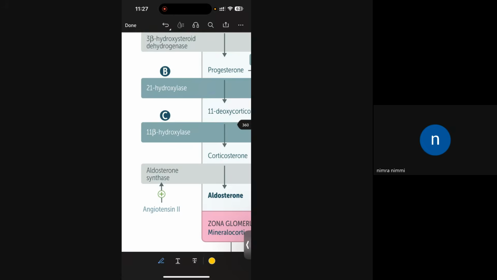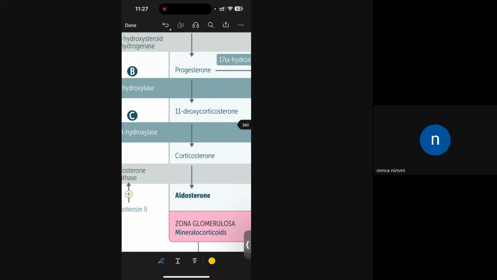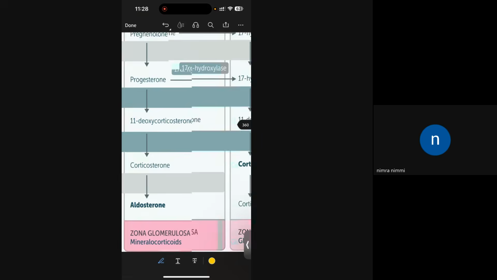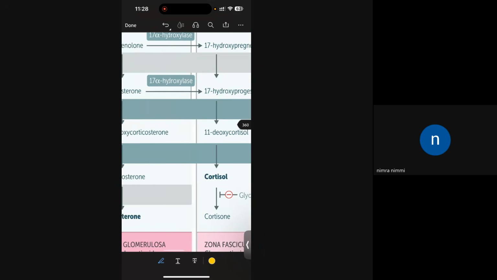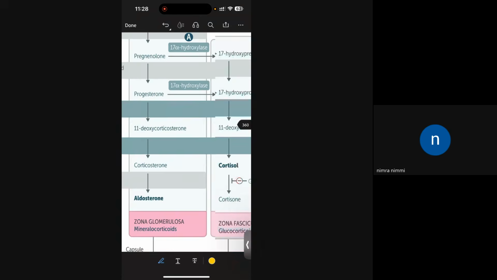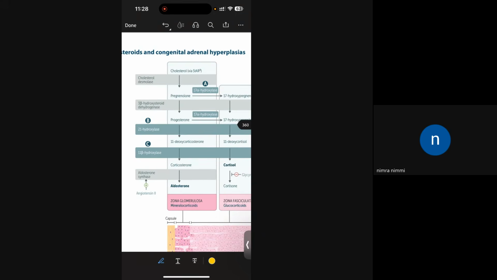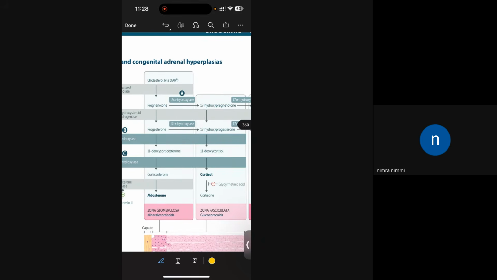We are talking about 21-hydroxylase in the conversion of progesterone into 11-deoxycorticosterone and 17-hydroxyprogesterone into 11-deoxycortisol. Let's find out if either of these two reactions is mentioned in the options. Remember, progesterone to 11-deoxycorticosterone or 17-hydroxyprogesterone to 11-deoxycortisol.